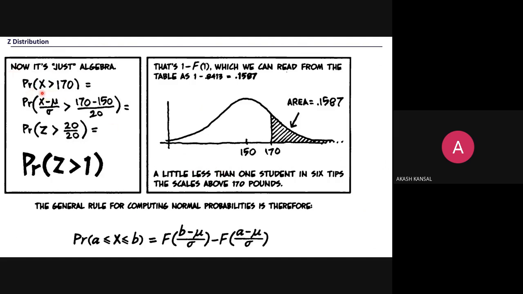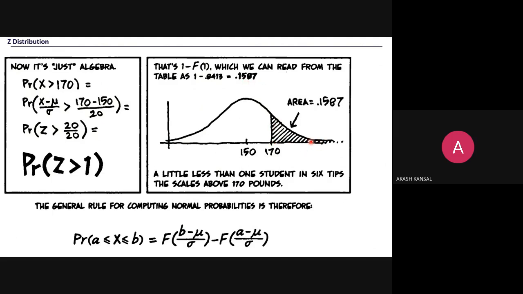Probability of getting an x value greater than 170, we do as a transformation. We see (x minus mu) upon sigma greater than (170 minus 150) upon 20, and then it becomes the probability of getting a z score greater than 20 by 20, that is, probability z greater than 1. Which automatically is 1 minus F(1). So the area up till here is F(1), and this area becomes 1 minus F(1). We know the value of F(1) is 0.8413, so when we do 1 minus F(1), it is 0.1587.